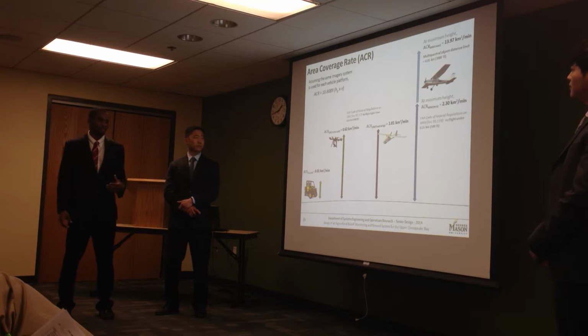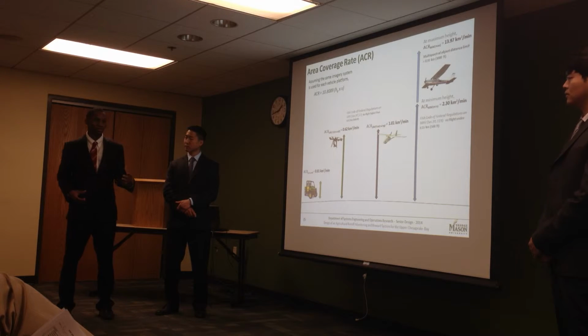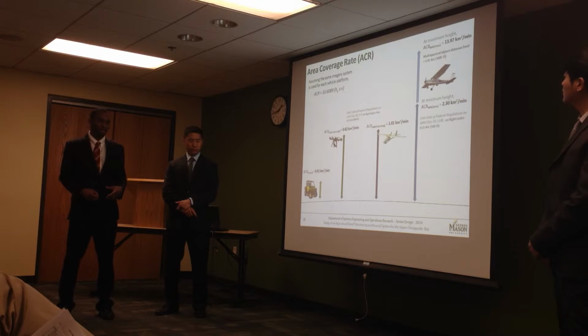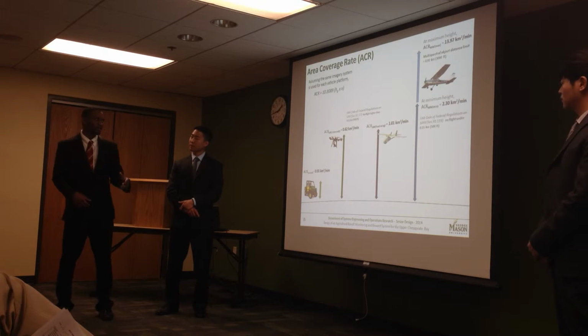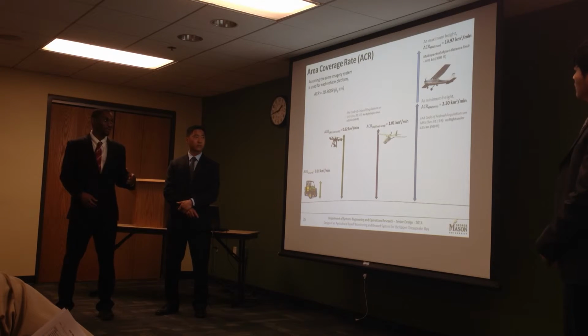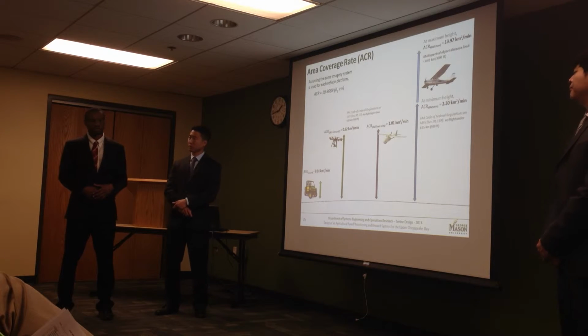To derive the ACR equation for each of the vehicle platforms, we took the coefficient and multiplied it by the vehicle velocity and height above ground. We differentiated between fixed wing and a rotorcraft because they have different velocities, but we evaluated both at 400 feet due to FAA federal regulations.